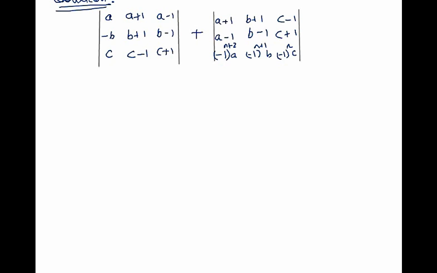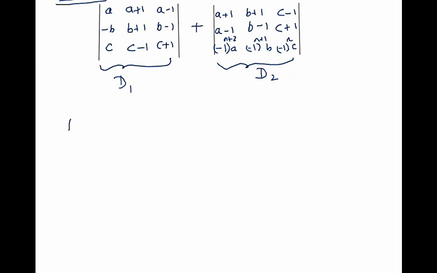Now we will be focusing on this determinant first. Let us name these determinants. Let this be D1 and this be D2. So let me write this determinant D2. So D2 equals A plus 1, B plus 1, C minus 1.